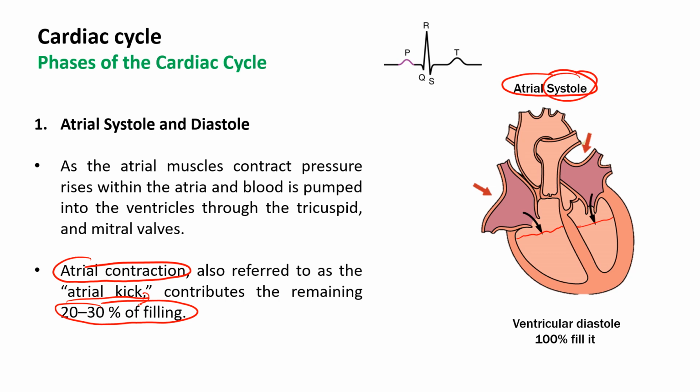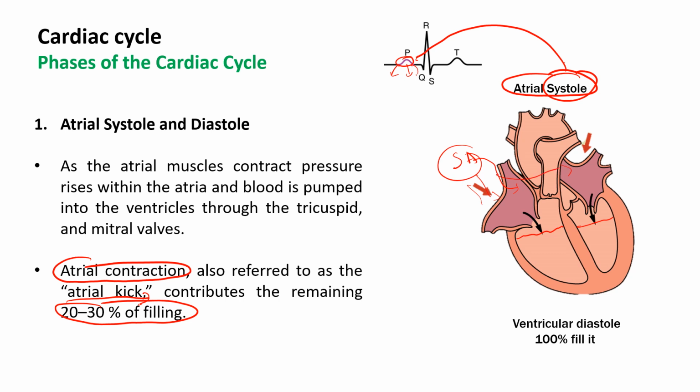If we associate with what just happened electrically, remember that the SA node at this specific moment, or a few fractions of seconds before, just fired the action potential, right? So the SA node fires, the action potential reaches all the walls of the atria, and then the atria contract.